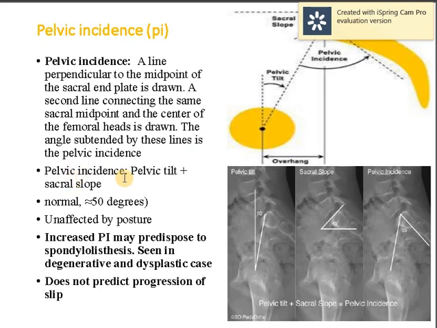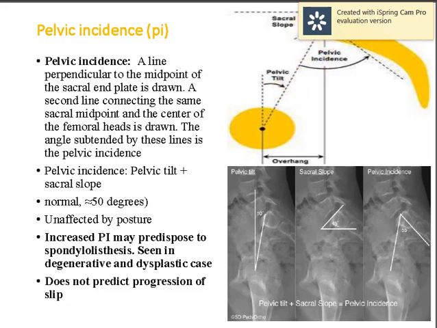The pelvic incidence is equal to pelvic tilt plus the sacral slope. So this is the pelvic tilt here, the angle from the sacrum to the femoral head, and this is from the pelvis. This is the sacral slope, the superior part of the sacrum and the inferior part. This is the sacral slope angle.